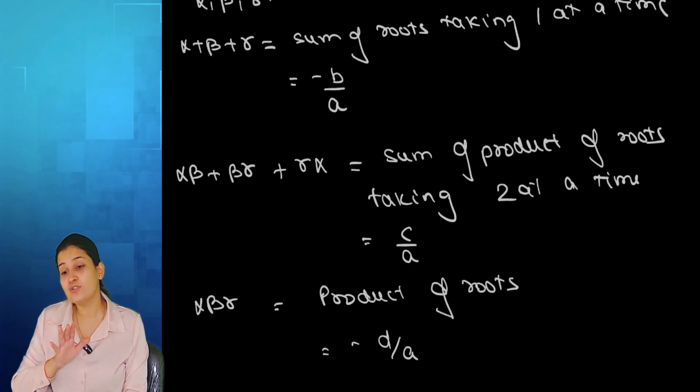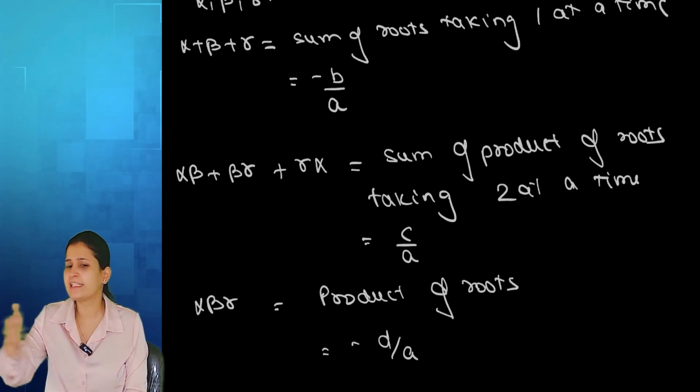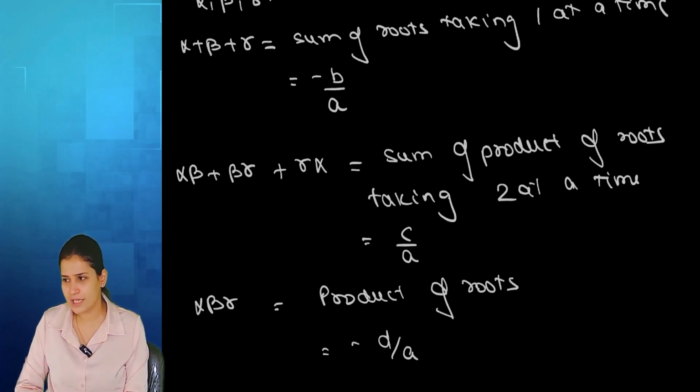Now in a cubic equation there will be a problem. There are 3 roots. Say 1 also satisfies, minus 1 also satisfies, and nothing else satisfies. How will you tell me whether 1, 1, minus 1 is the root set or 1, minus 1, minus 1? Which one will be taken twice? In quadratic it is pretty easy to do trial and error.